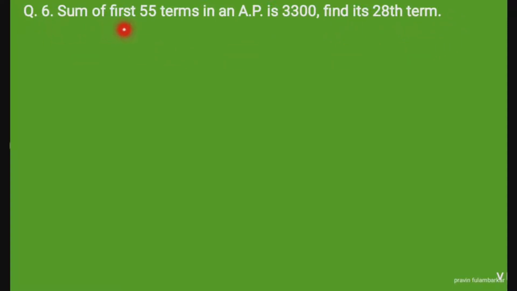So here the sum of first 55 terms in an arithmetic progression is given. That means the value of S55 is given, which is 3300. We have to find the 28th term. So we have to find T28.